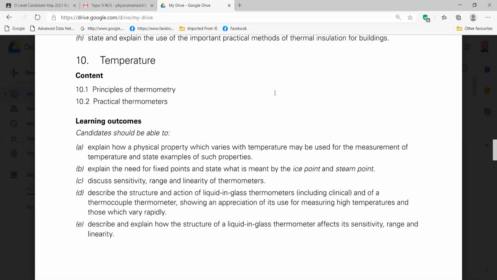Ice point, you give hyphen, then you write the temperature of melting ice. The temperature of melting ice is 0 degrees Celsius. Which one is called lower fixed point to calibrate a thermometer?